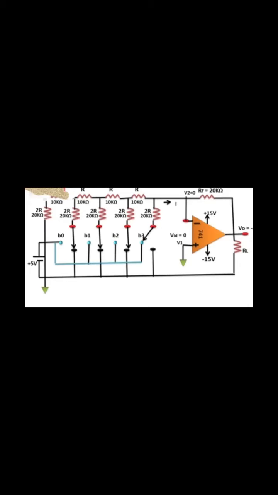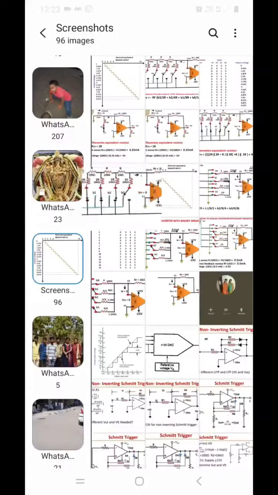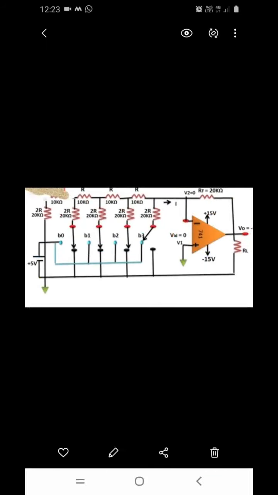Assume that the most significant bit, MSB, switch B3 is connected to plus 5 volt and the other switches are connected to ground. Here you can see B3 is connected to plus 5 volt and the others are connected to ground.